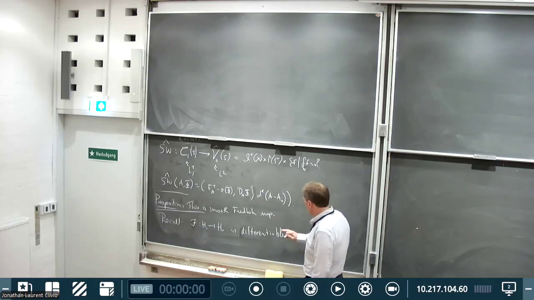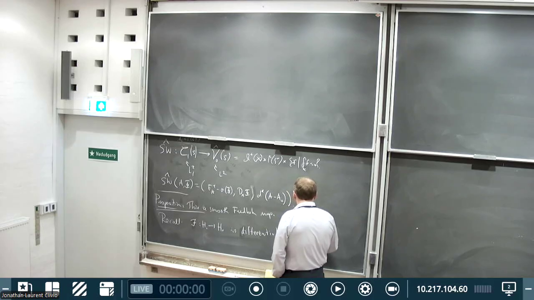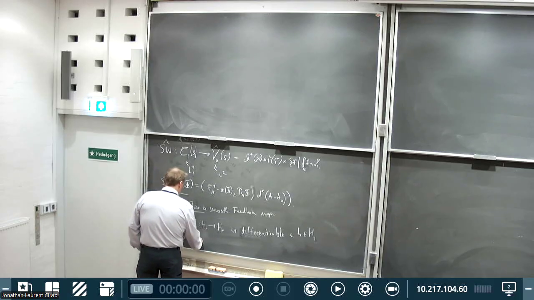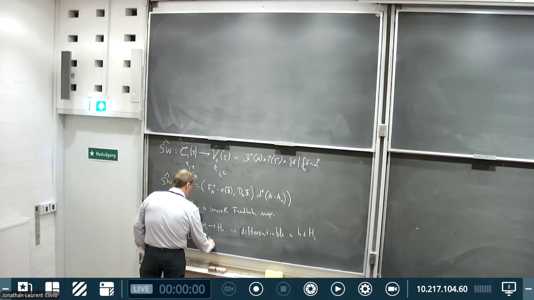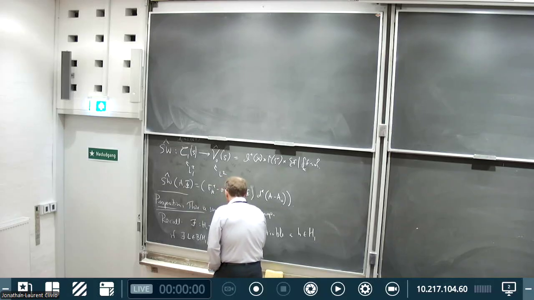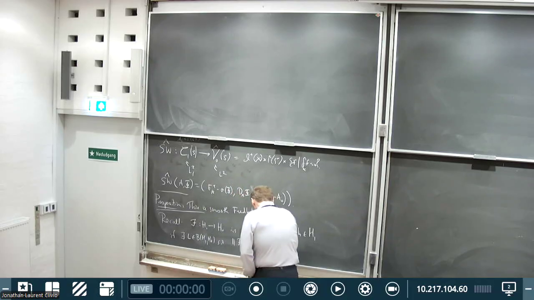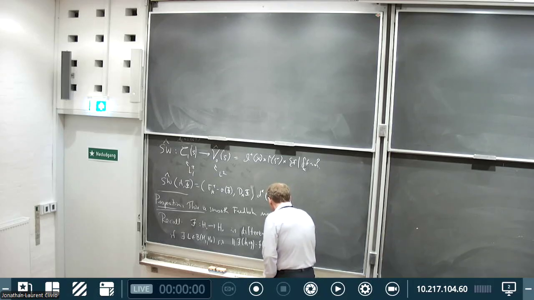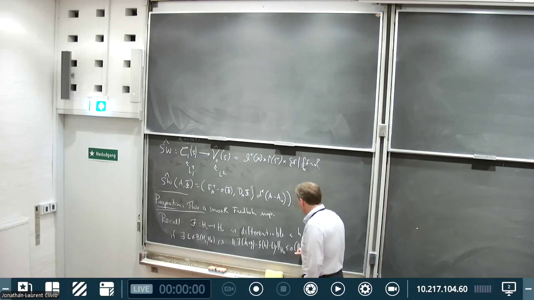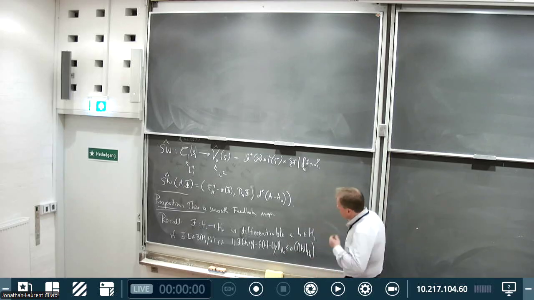But we're going to take the strongest and simplest notion, this differentiable at h if there exists a bounded linear operator, such that if I look at the norm of f of h plus theta minus f of h minus the linear operator applied to theta, that should be little o of the norm of theta, which goes to zero faster than just the linear.